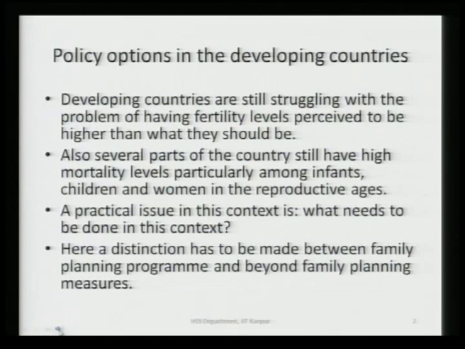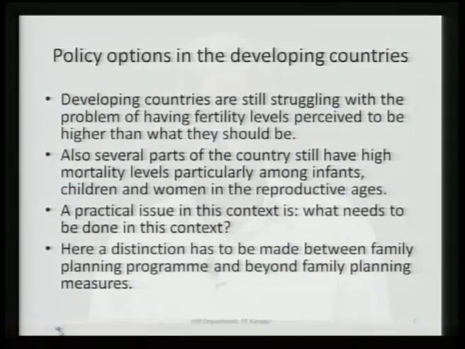In the context of developing countries, most of them are still struggling with the problem of having fertility levels perceived to be higher than what they should be. Also, several parts of the country still have high mortality levels, particularly among infants, children and women in the reproductive ages.